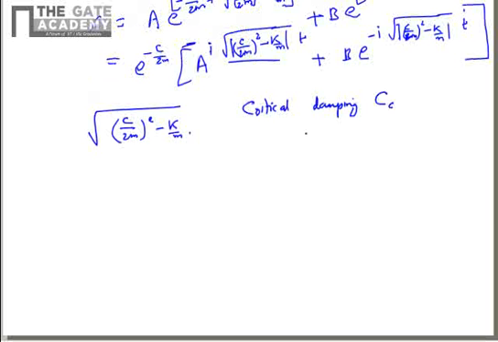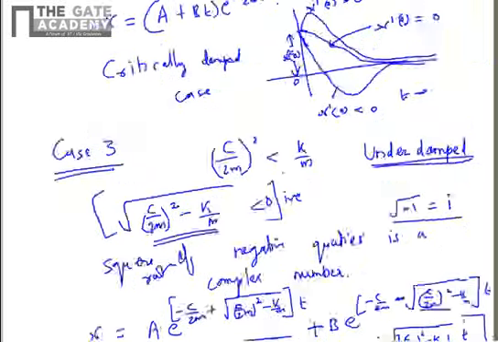Critical damping is Cc and damping ratio is zeta, that is equal to C by Cc, that is real damping divided by critical damping. This is less than 1 in the underdamped case, that is the present case, case 3, underdamped, where (c by 2m) whole square is less than k by m.